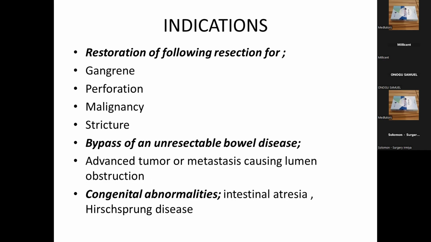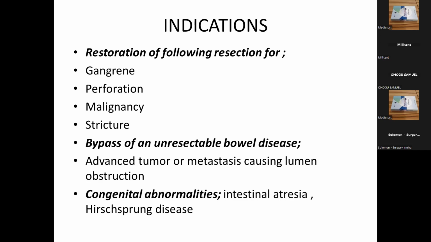Also, we could do anastomosis to bypass unresectable bowel diseases, such as advanced tumor or metastasis causing some form of intestinal lumen obstruction. Also, intestinal anastomosis is carried out in some congenital abnormalities, especially seen in intestinal atresia, when there is failure of recanalization of the bowel, as seen in neonates, and you have to do resection anastomosis to bypass the intestinal segments that did not recanalize.